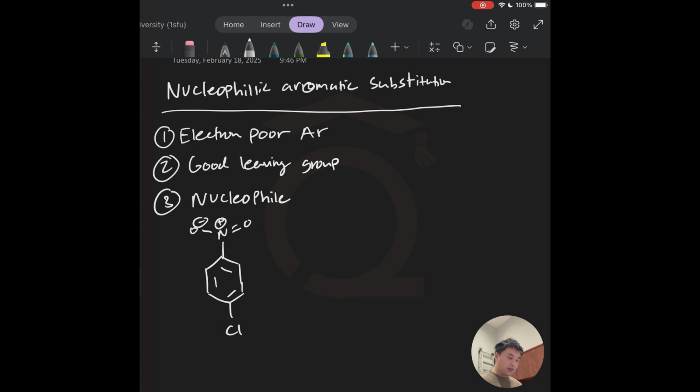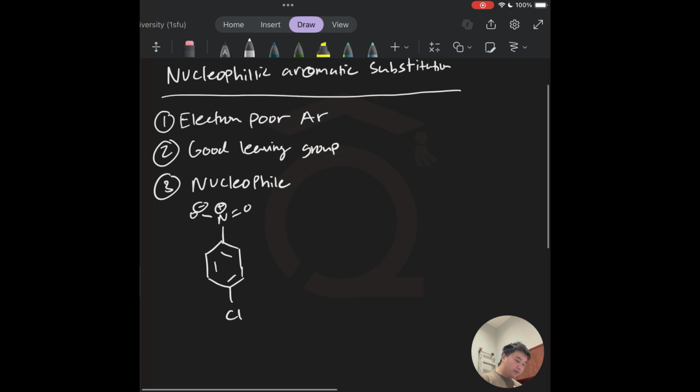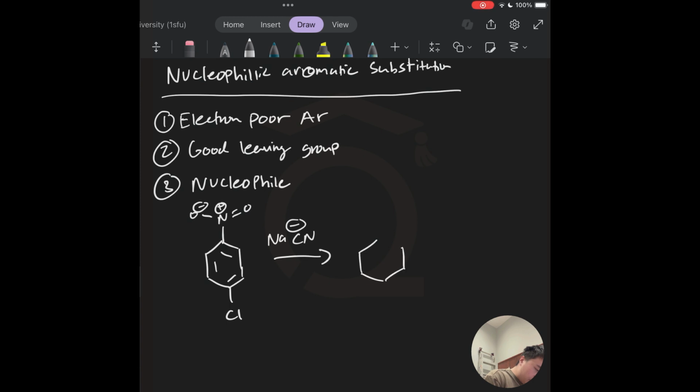So if you treat this aromatic system with a nucleophile, let's just use cyanide in here, okay? Cyanide is nucleophilic, and you'll get displacement of the chlorine, leaving you with your nucleophile where the chlorine was, okay?